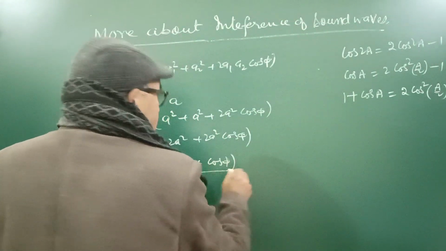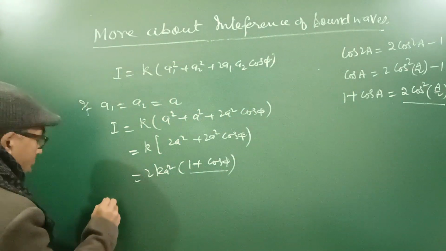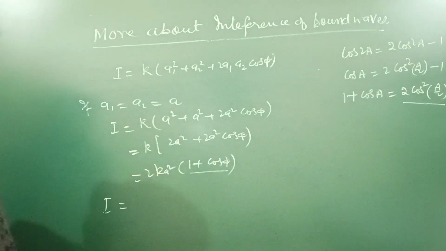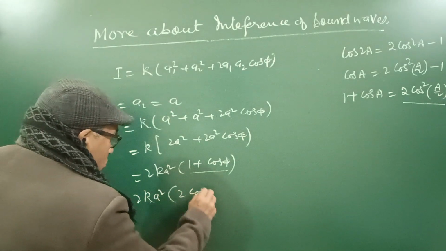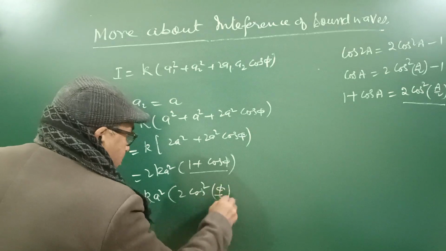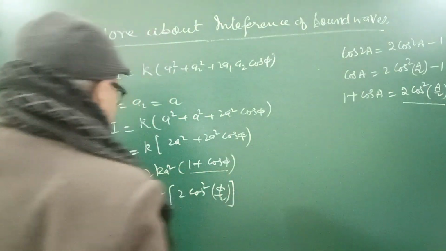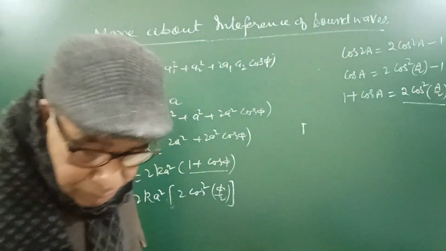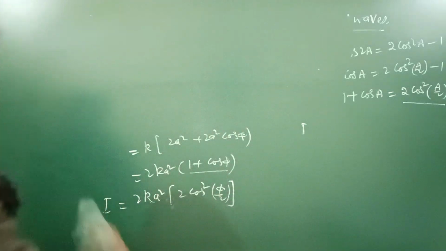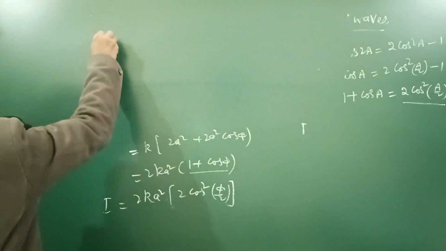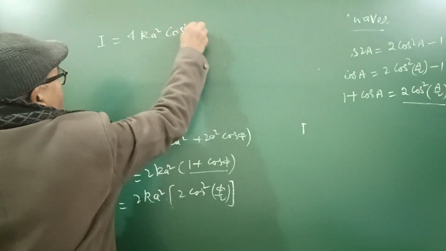So if I use this here in this form, we get I equal to 2KA square bracket 2 cos square phi by 2, or I equal to 4KA square cos square phi by 2.